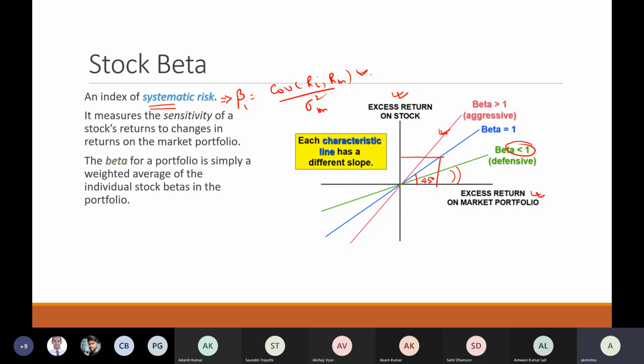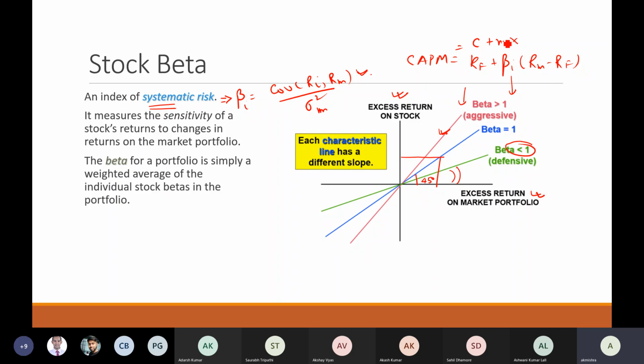And if you remember, another way of interpreting this is through your CAPM model. In the CAPM model, what you have is the risk-free rate plus beta of security I times (RM minus RF). So from this point of view, this is basically a kind of C plus MX, or A plus MX.